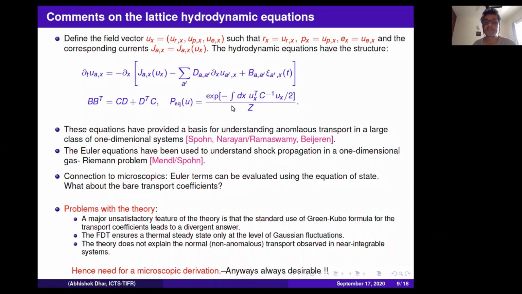But for the Bayer transport coefficients, if you use the usual Green-Kubo, you will get a divergent answer. I mean, you can use mode coupling theory to do the computation. Mode coupling is usually used for the renormalized one, but right. So even at the Bayer level, there is a divergence. Right, yeah. Okay. So therefore, we would like to have a microscopic derivation.